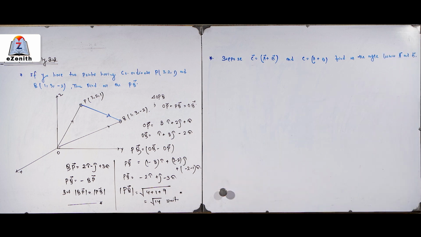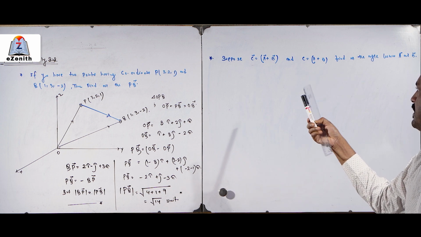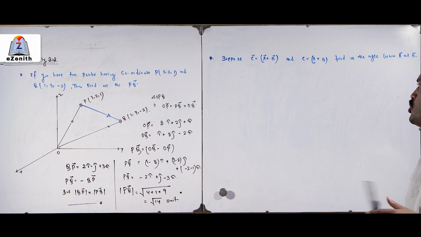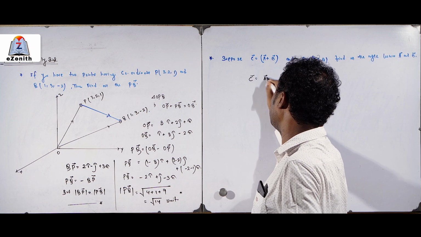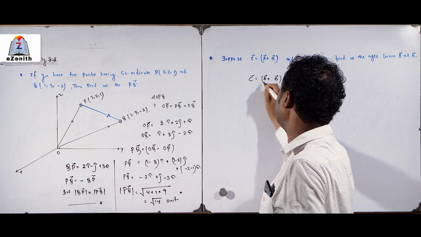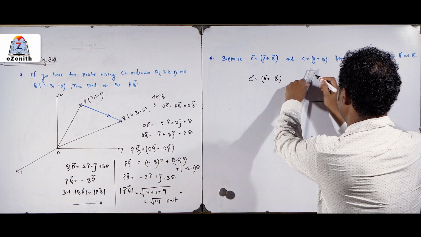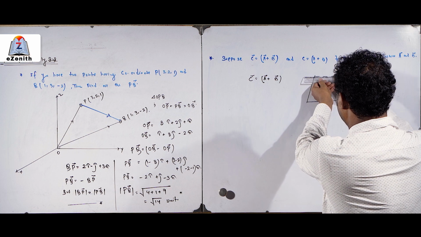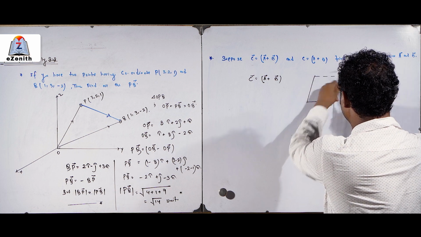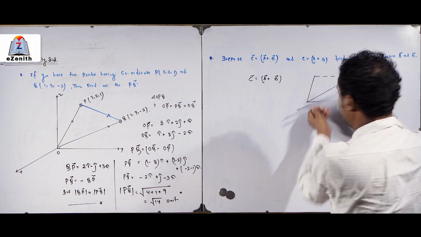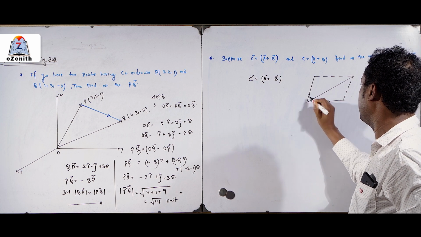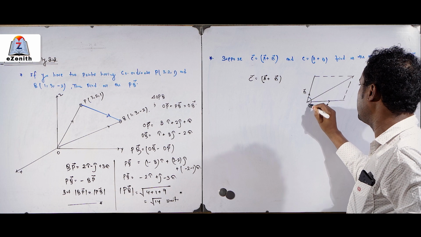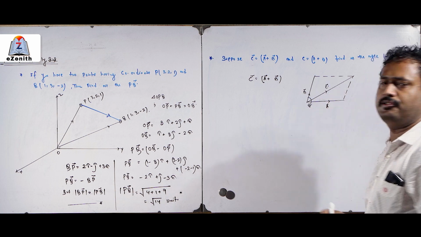Okay, let's start with the problem. As C vector is A plus B, that means C is the resultant of A and B. So, C vector is equal to A vector plus B vector. That means, suppose A is a vector, B is a vector, theta is the angle, and C is the resultant.